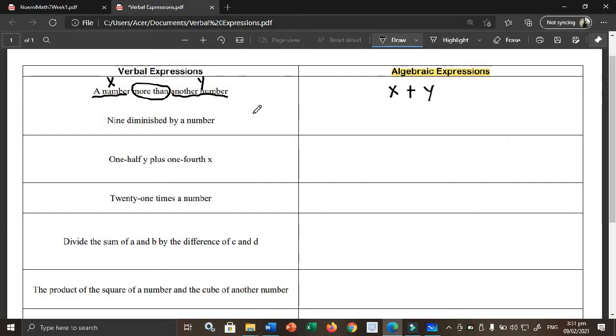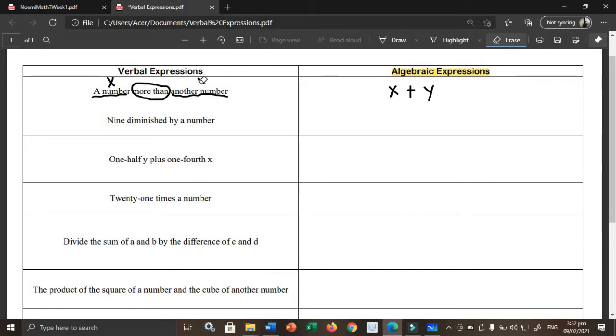So, bakit x plus y? The first number, we assume that is x. And then more than, when we say more than, we are talking about addition. So, I put a plus sign there. And then, another number, we assume that number is y. So, we now get x plus y.